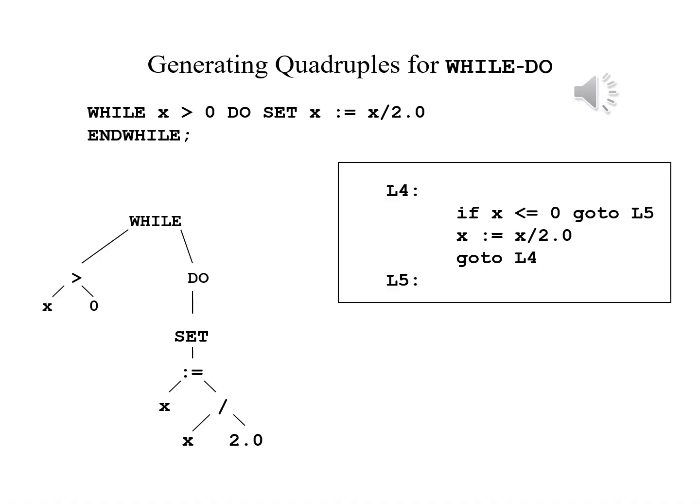If the opposite of the condition is true, or otherwise said, the condition itself is false, we will jump beyond the end of the loop. That not being the case, we'll execute whatever statements there are in the loop. In this case, just the one, x is set equal to x divided by 2.0. Then we'll go back up to the loop.